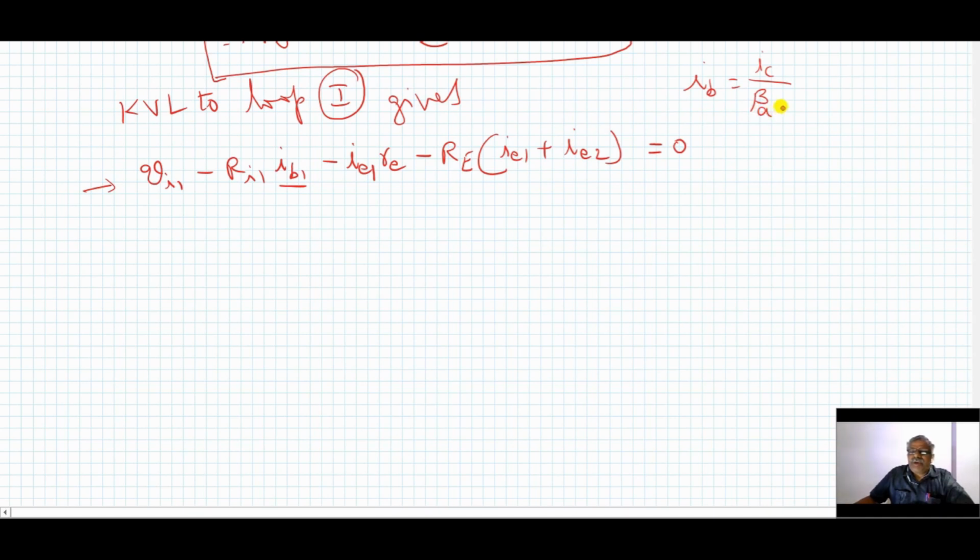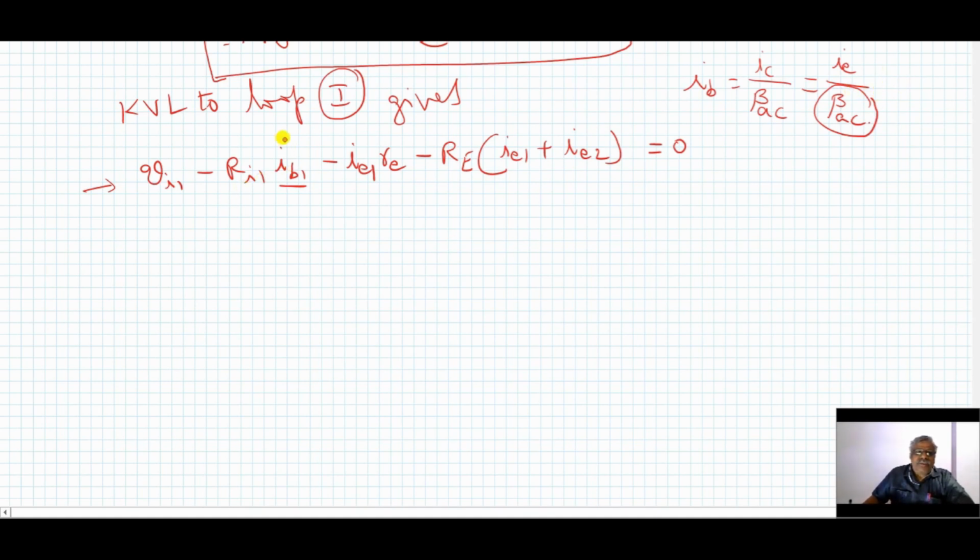So AC beta we have to take. So IB is equal to IC by beta AC, but our IC is almost equal to IE. So here we can write this as IB is equal to IE by beta AC. For transistor 1, IB1 is equal to IE1 by beta AC. For transistor 2, IB2 is equal to IE2 by beta AC, and beta AC is also much larger.